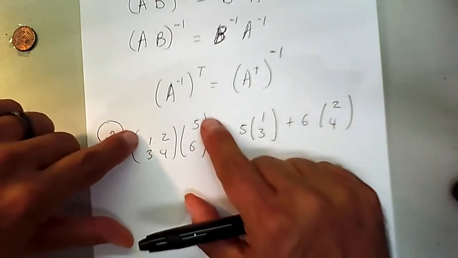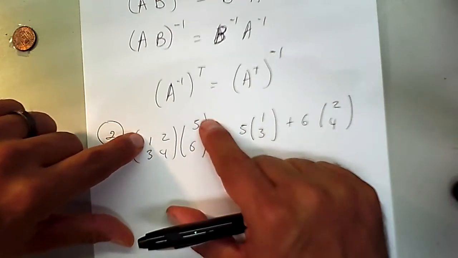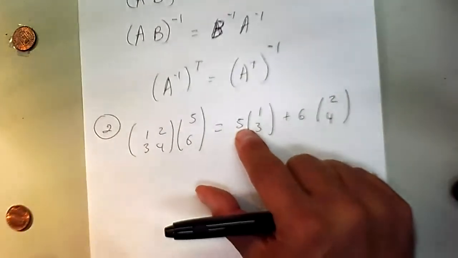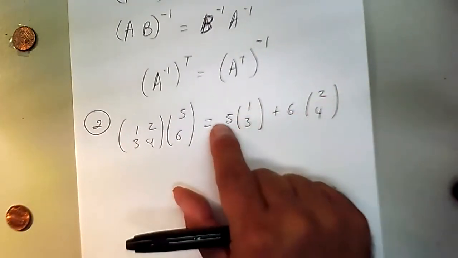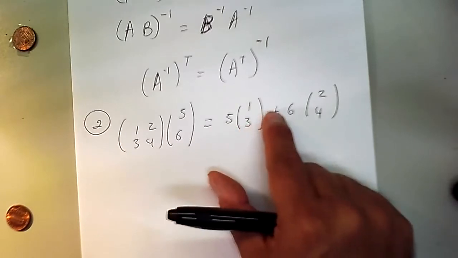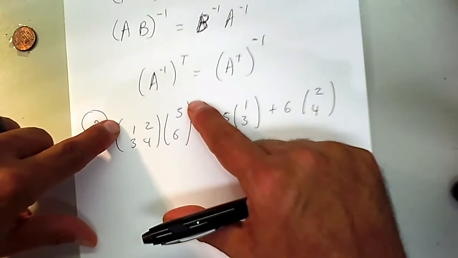So we end up with 5 times 1, 3 plus 6 times 2, 4. That is 5 plus 12, 17, and then 15 plus 24, just as we would get the same numbers here.